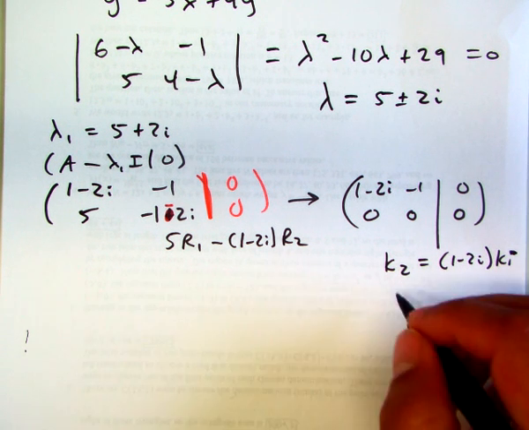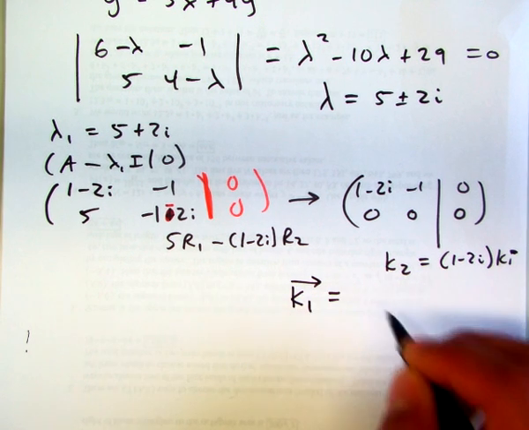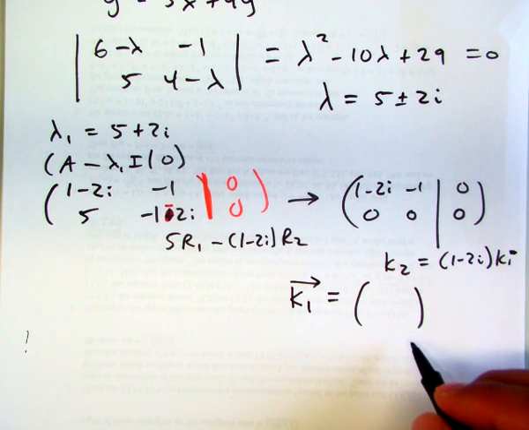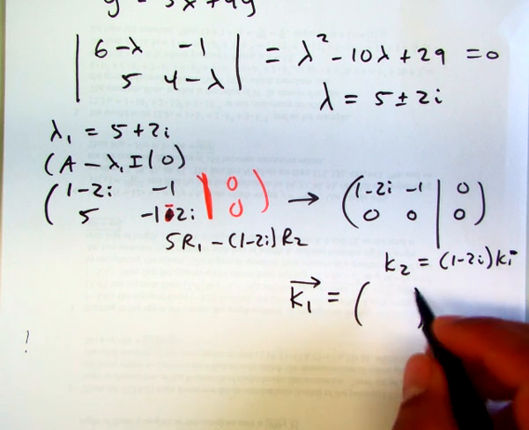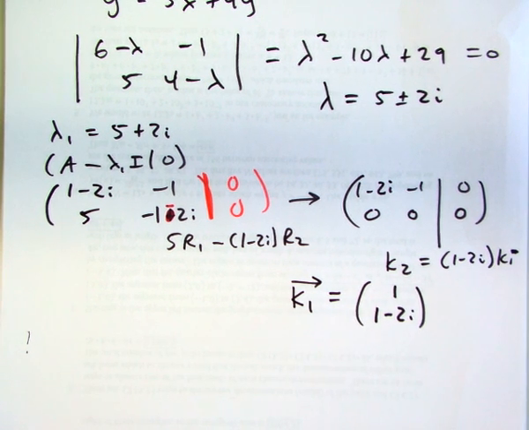So our first eigenvector, if we let k1 equal 1, then k2 is just 1 minus 2i. Okay.